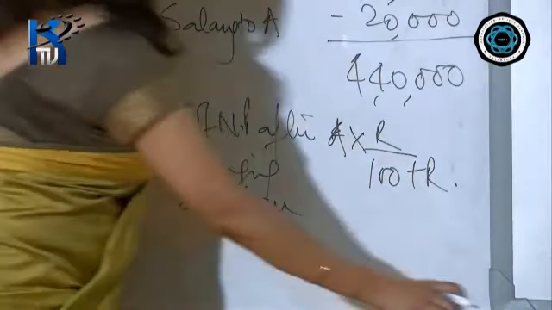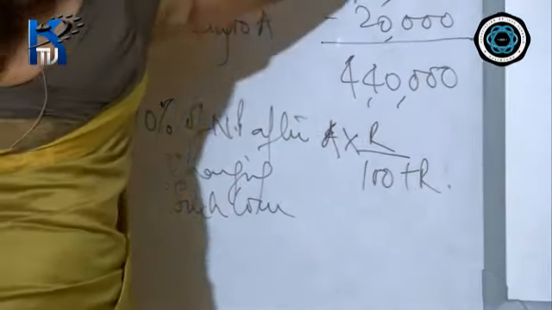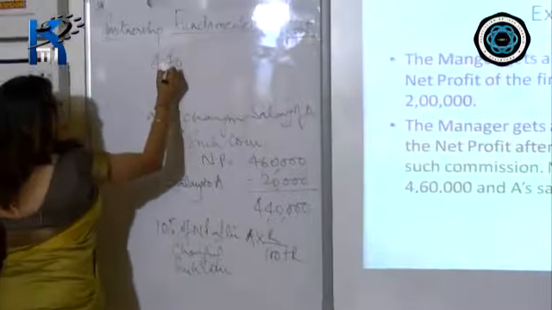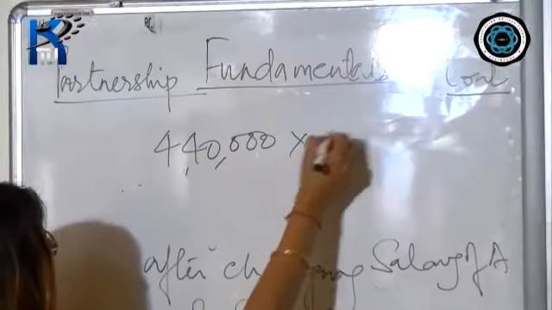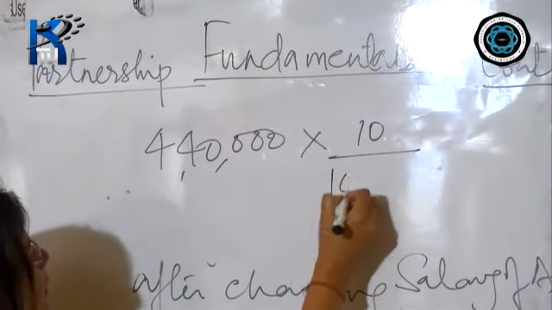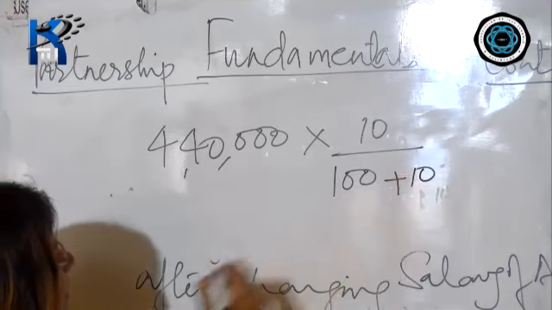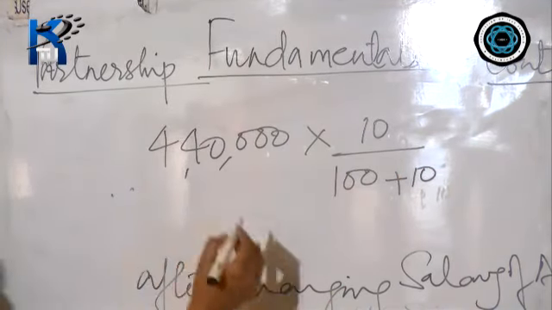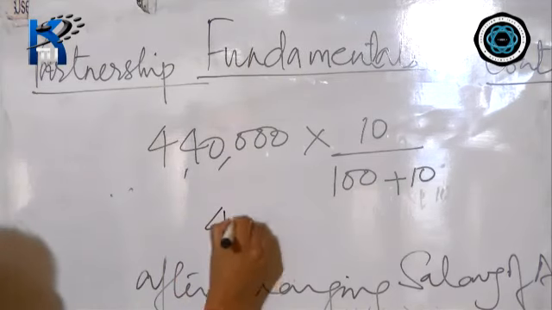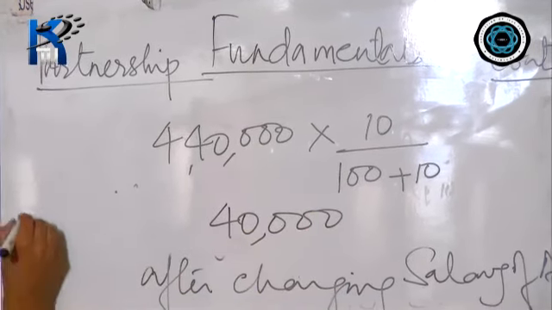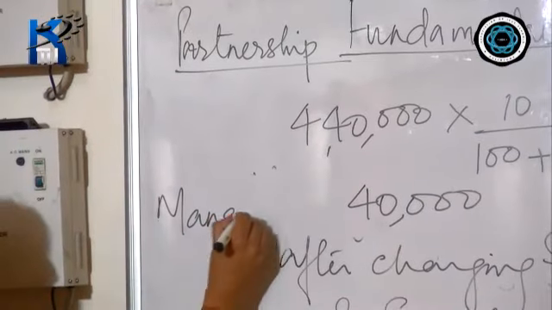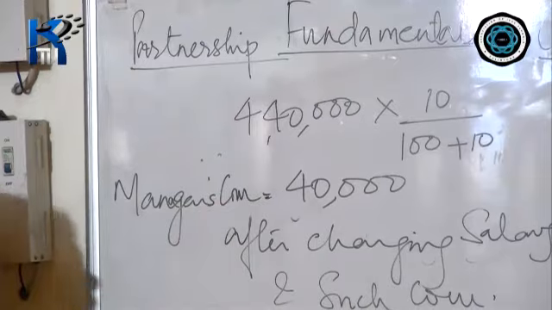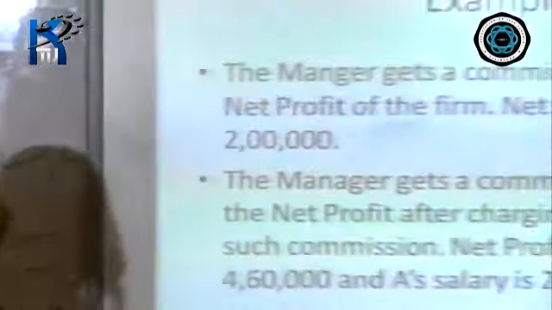When we follow this, it comes out to be amount 4,40,000 into rate 10% upon 100 plus 10, because it is after charging such commission. When you calculate, the total comes out to be 40,000. So the manager's commission here comes out to be 40,000. This is how we calculate the commission given to a manager.